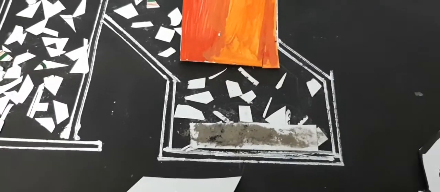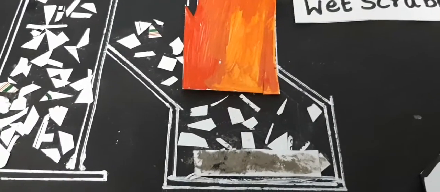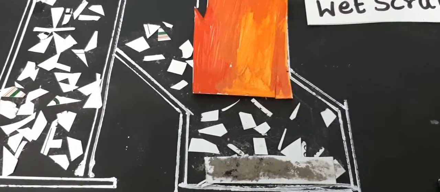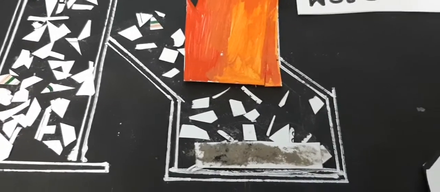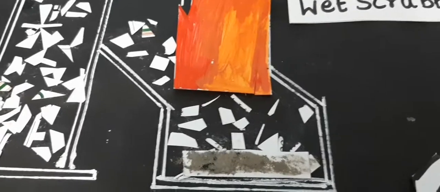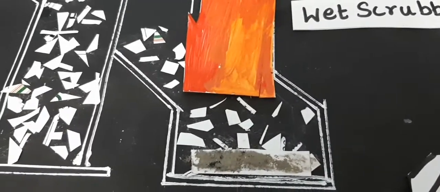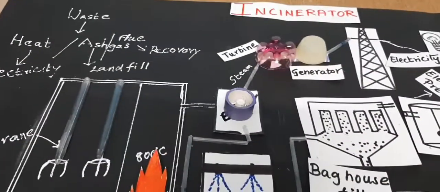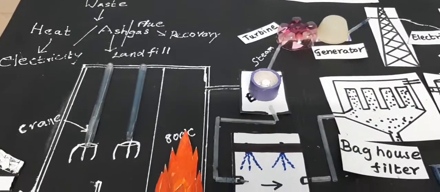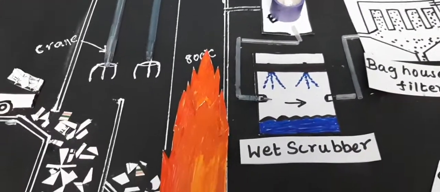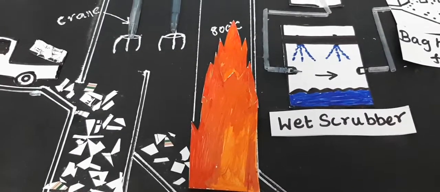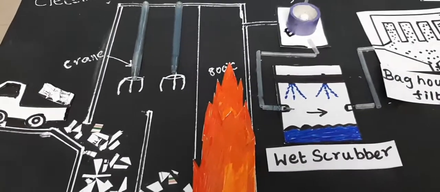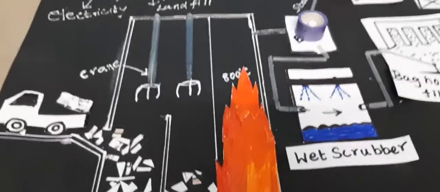Another problem in this incineration process is disposal of the ashes produced. Normally the ashes produced are disposed of by the landfilling method. Let's have a quick summary of the process of incineration. It is a process by which organic combustible wastes are burnt to produce heat energy, which is then converted into electrical energy.